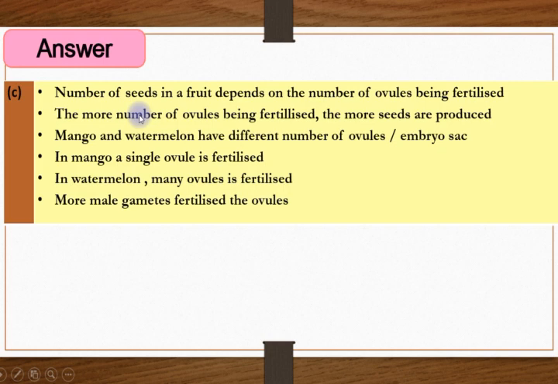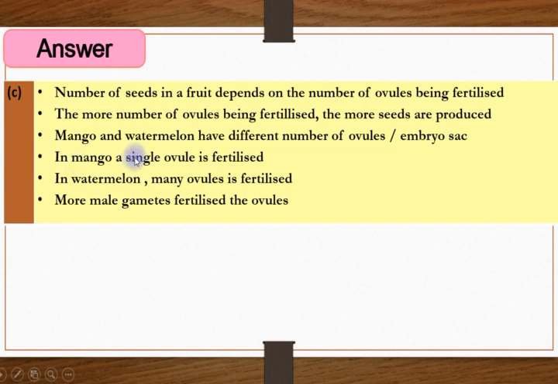The question C just now is why the mango and the watermelon have different numbers of seeds. The first point: the number of seeds in the fruit depends on the number of ovules being fertilized. The more ovules that are fertilized, the more seeds are produced. The mango and watermelon have different numbers of ovules or embryo sacs.